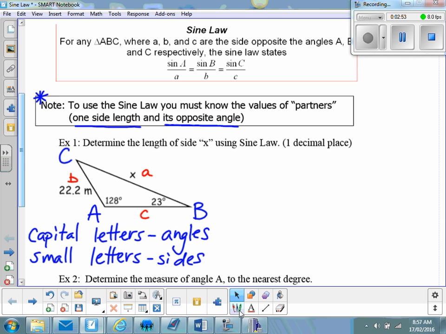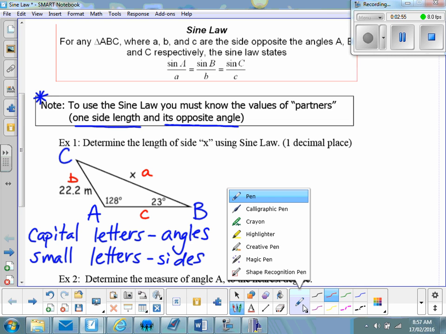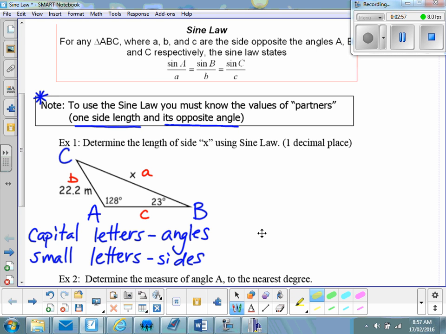So what you notice in this situation is that we have partners right there. The angle B and side B we know, so here we've got partners.